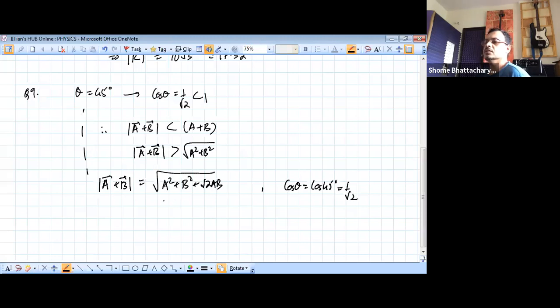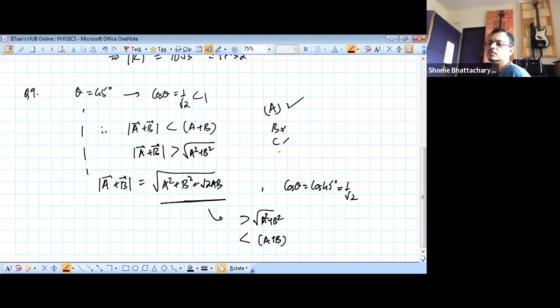This quantity is definitely larger than root of a square plus b square, because this is a positive quantity, but at the same time it is less than a plus b. So accordingly, you can see which options will fit. Here there's only one option, so option E will be the correct one. B, C, D are wrong options.